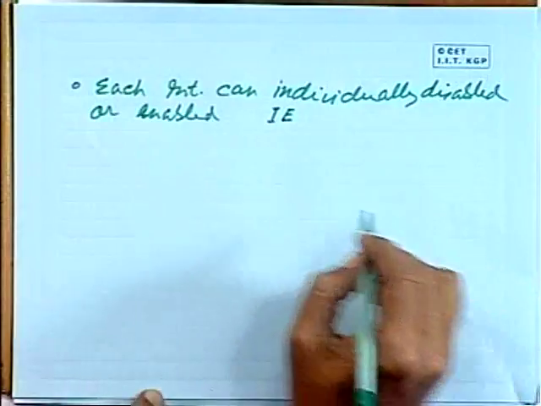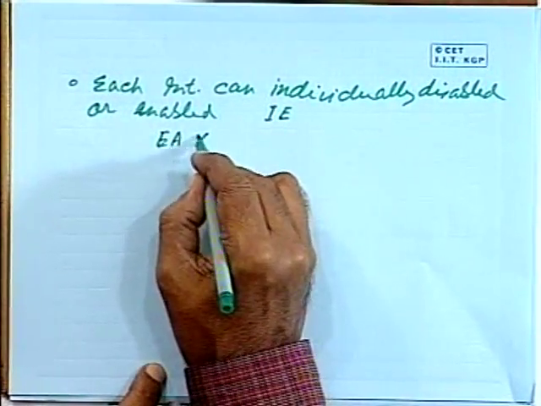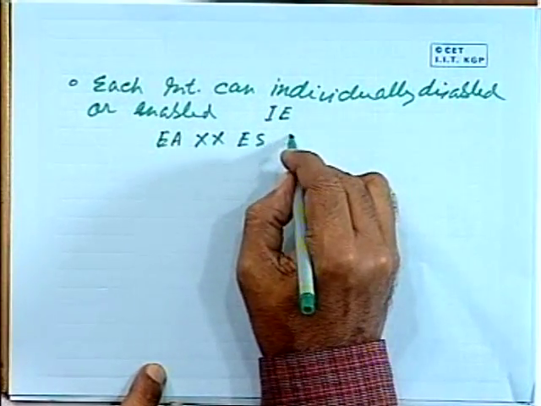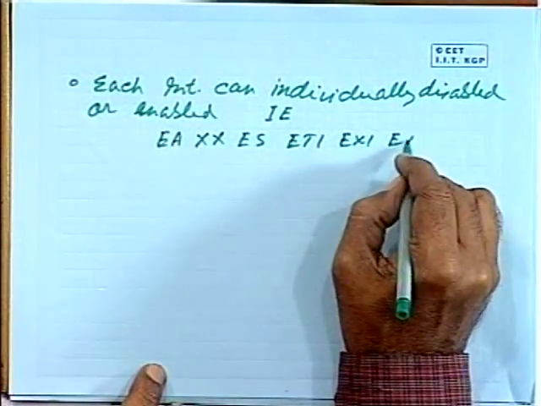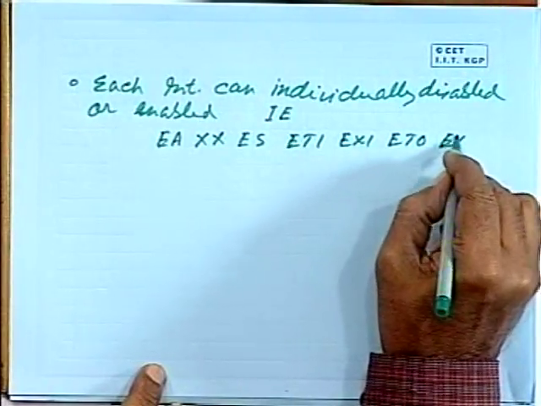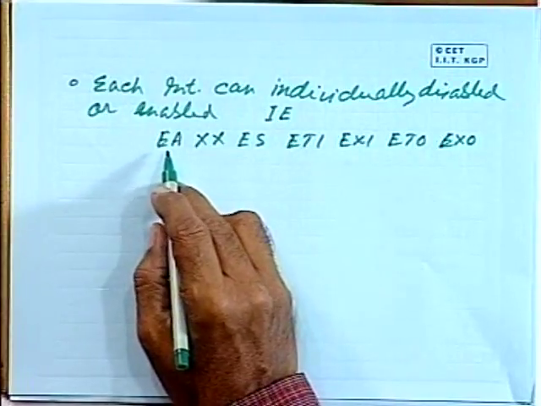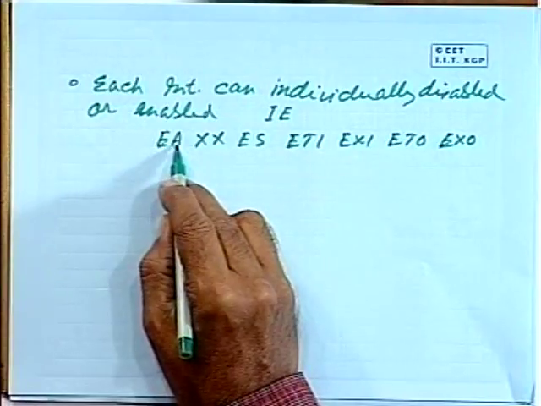There is a register that we have seen, known as IE, the interrupt enable register. That interrupt enable register has got bit lines: interrupt enable, next bit is not used, next bit is not used, then ES, ET1, EX1, ET0, EX0. That means whenever this bit is 1, that interrupt is enabled.